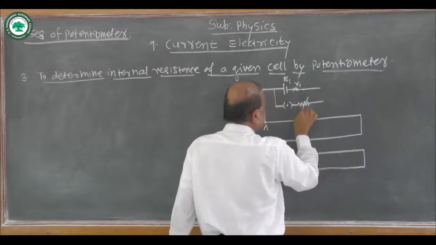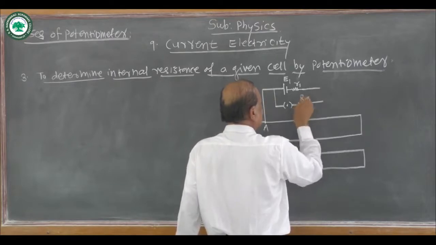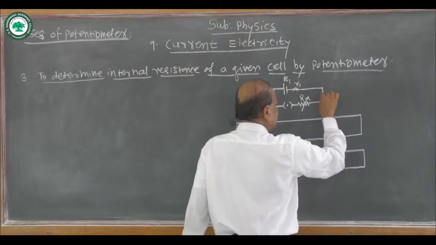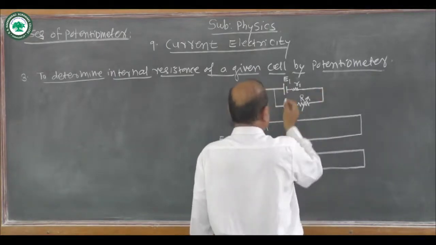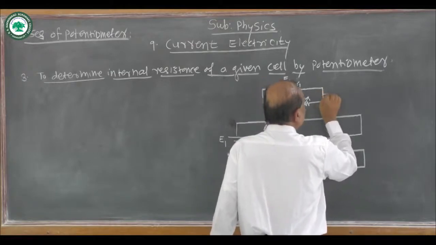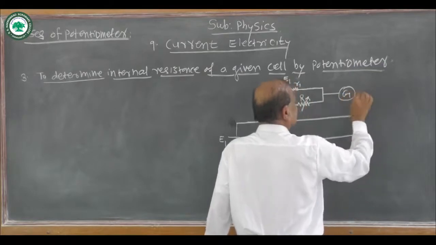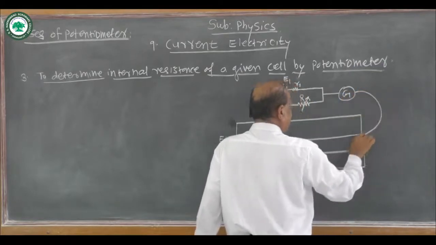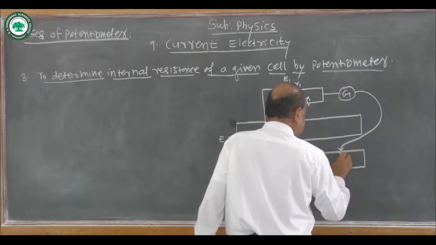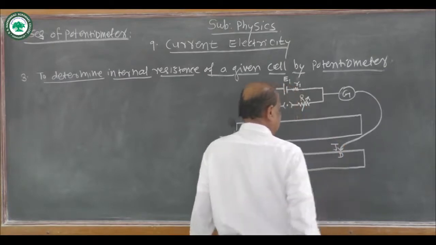This is a variable resistance, that is a resistance box of resistance R, connected across this source of EMF E1. Combined, these two are connected to a galvanometer of resistance G. This is the point D and this is the jockey J, the sliding key.